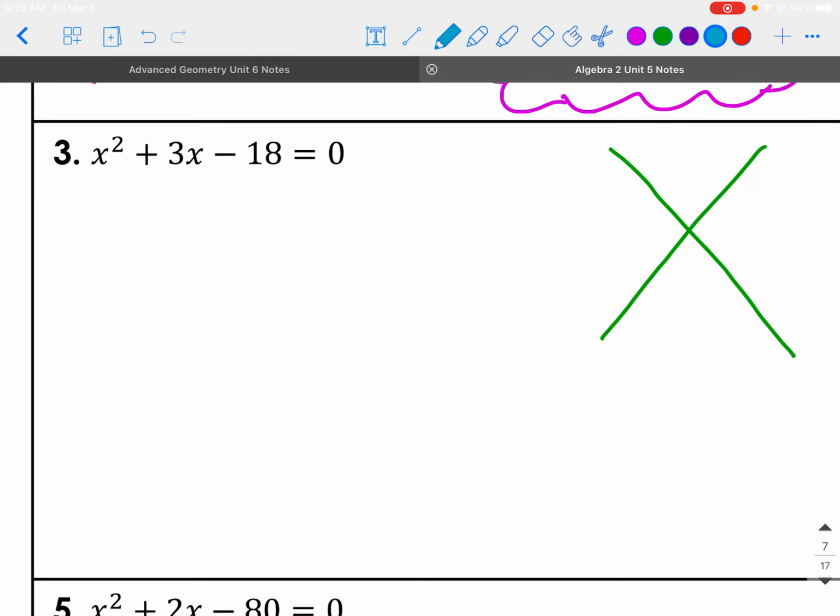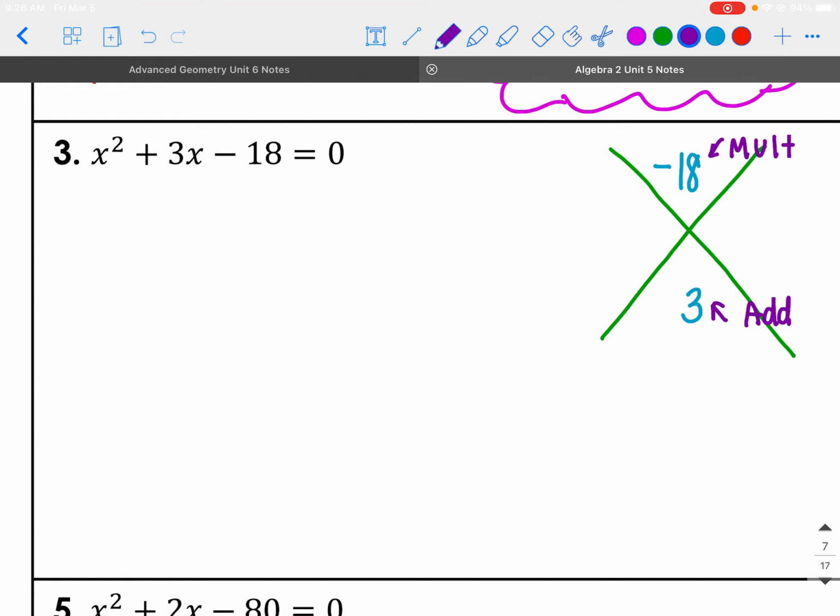All right, we're looking for two numbers that multiply to be negative 18 and add to be 3. This one's a little different because what we're multiplying by is a negative number.